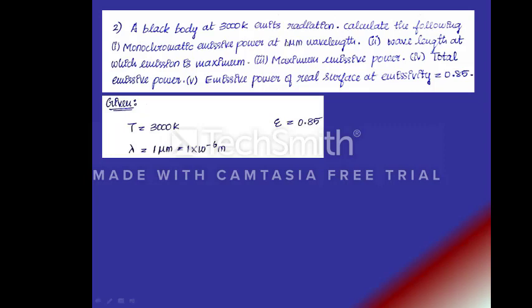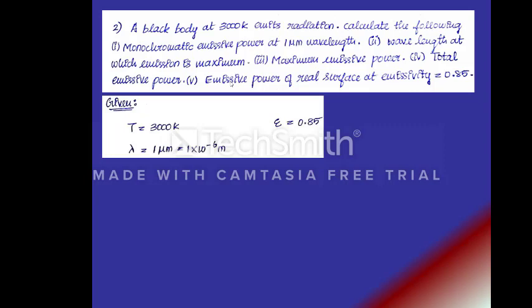So all these four subdivisions we can solve assuming the body to be a black body. The fifth subdivision is different. It says there is a real body having an emissivity and we have to calculate the emissive power of that real body actually.